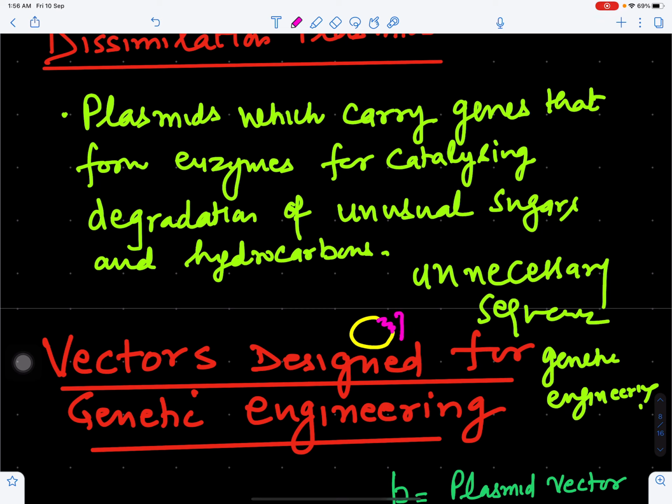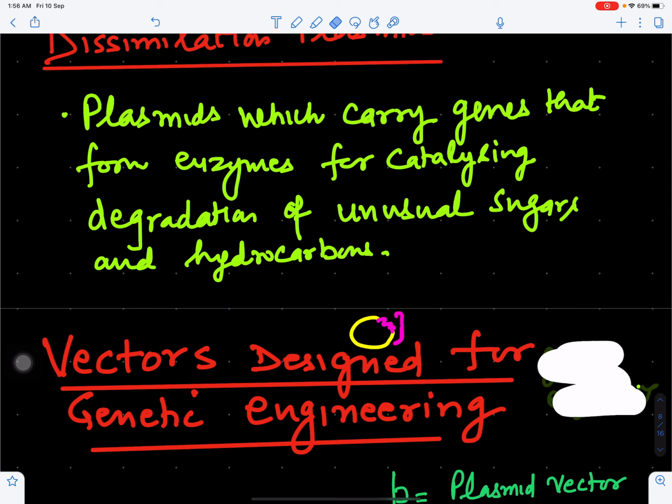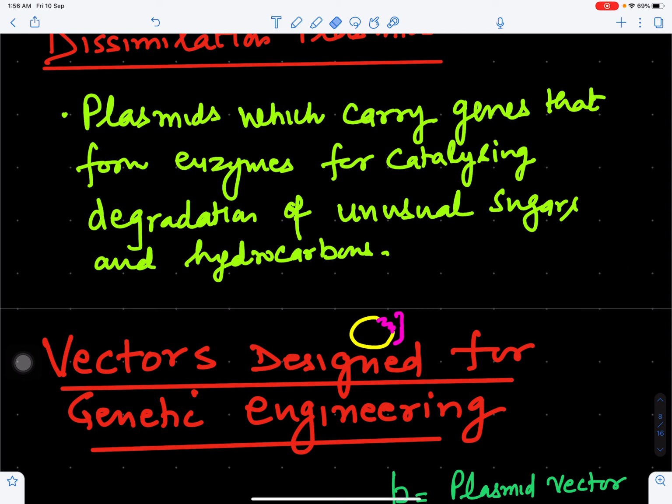We are only interested in this for genetic engineering, for manipulation of the genetic material. This unnecessary sequence is not useful, so scientists have designed certain artificial vectors or plasmids for genetic engineering.